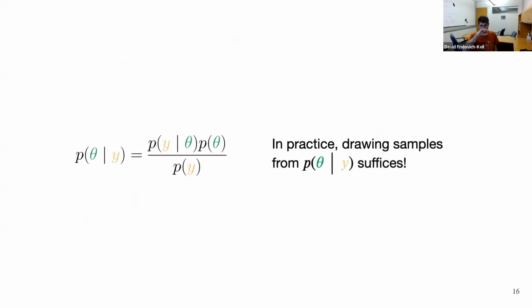But there is a nice observation, which is that for planning purposes, I may not actually need the full posterior. It might be enough to just be able to sample from it. Let me describe how we're going to use this.